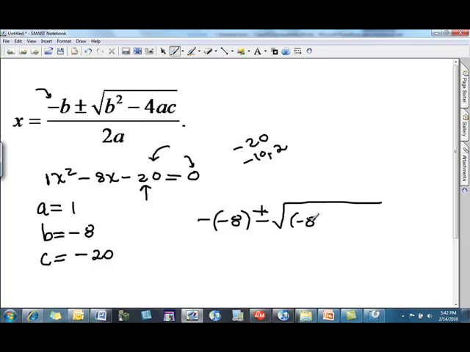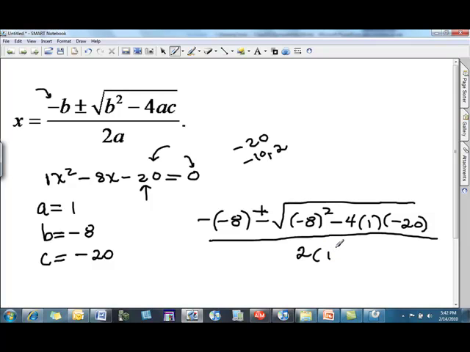We want to use parentheses here, especially if we're using our calculator, so we get the sign right. Subtract 4 times a, which is 1, times c, which is -20. And there's a whole line that goes all the way across, and it's 2 times a, or 2 times 1.